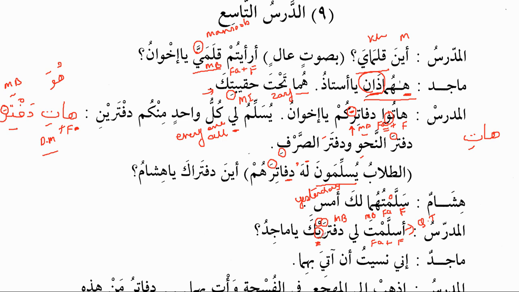So don't get confused. Always look for the sukoon and the fatha, and you will recognize that this is a normal noun in mansoob or majroor case. So here it is mansoob. How do you know it is mansoob or majroor? By just looking at the structure of the jumla. If you have the fail and file, the next will be maf'ul bihi. So that's why you know this daftarai is in mansoob case.